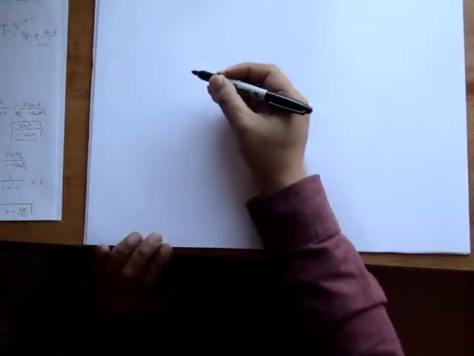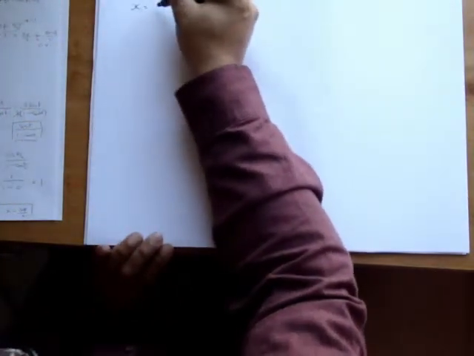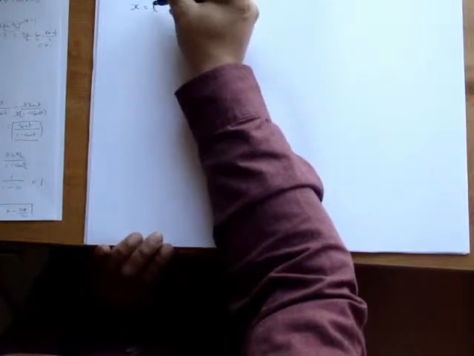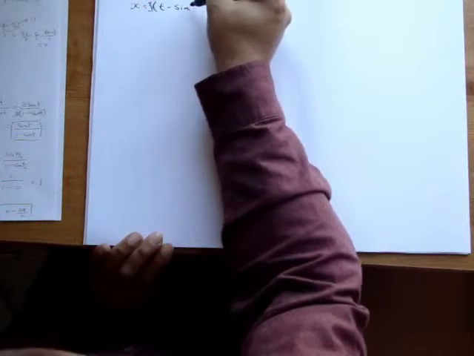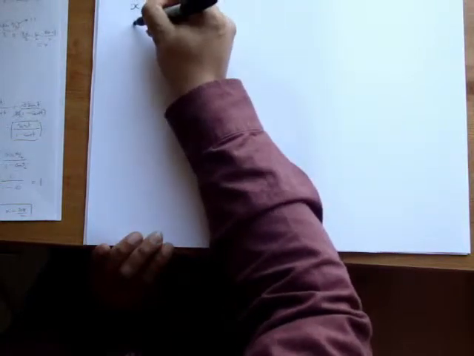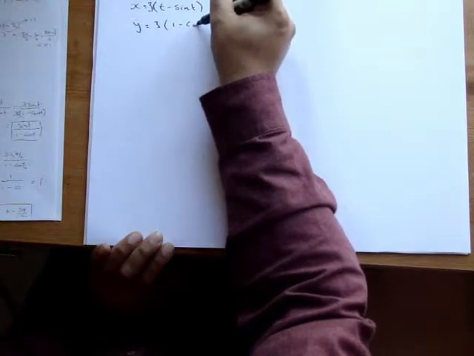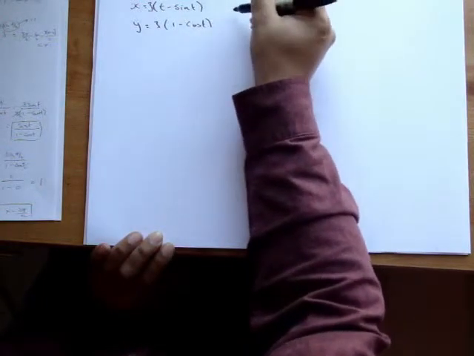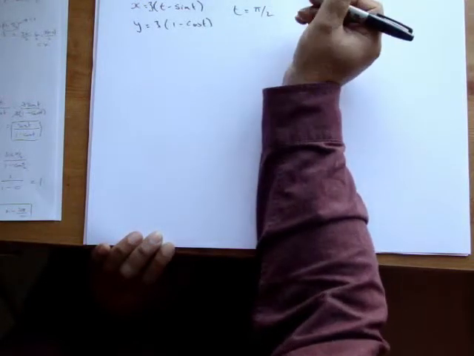Okay, let's have a look at something slightly more complicated. x equals 3(t minus sine t), y equals 3(1 minus cos t), t equals pi over 2.